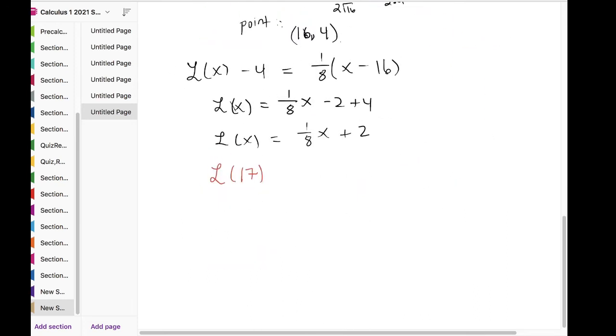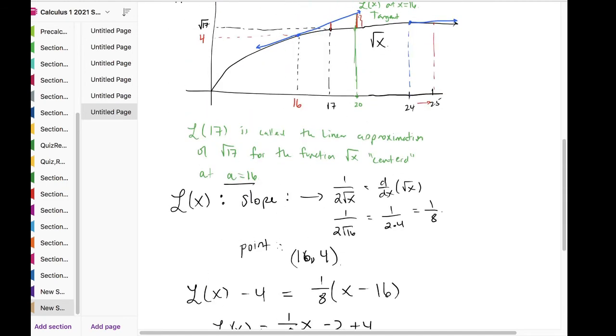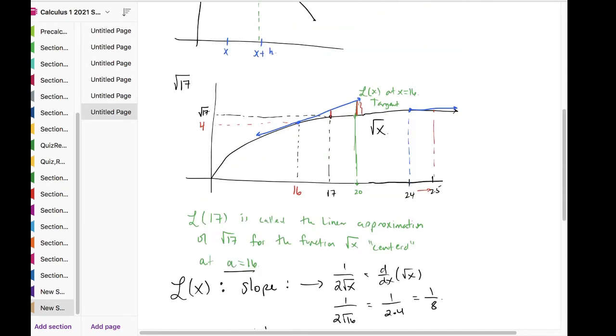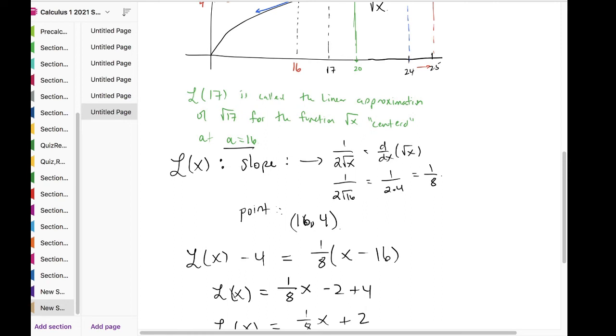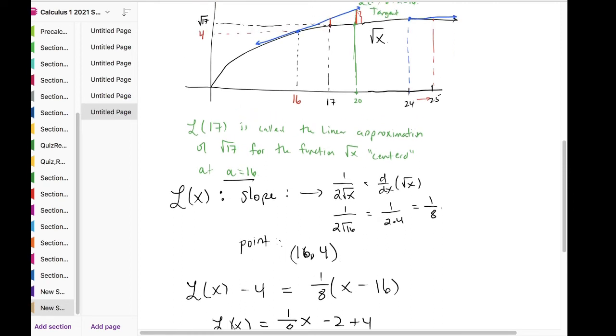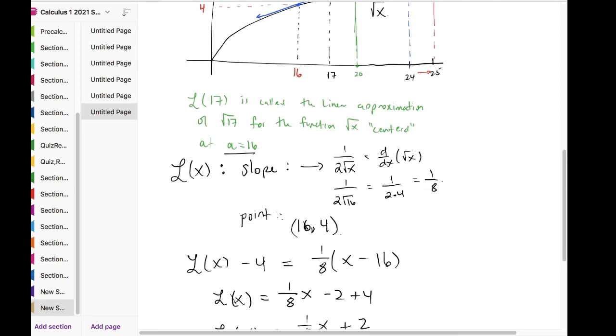Okay, so now let's plug in 17 into here. We get 17 over 8 plus 2. Notice there's no radicals in this expression, right? So I don't need to know what a radical is. That's the whole point, right? We're trying to approximate a radical, so we probably shouldn't use radicals to do that. So what was the nice part about choosing 16?